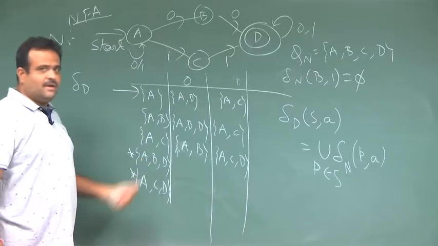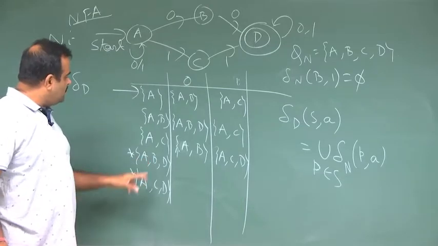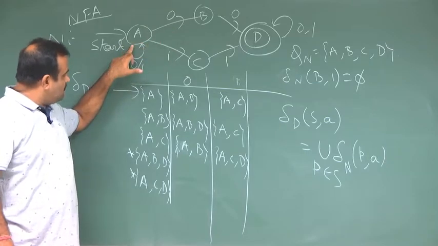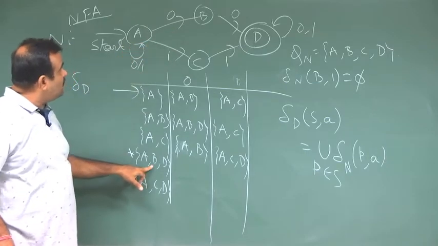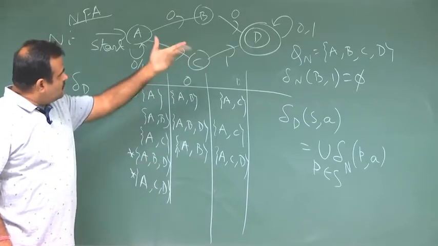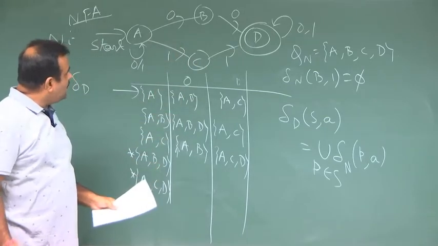Okay. Now, come here to ABC. From ABC with the 0 move, from A we can go to AB, from B with the 0 move we can go to D, and from D we can go to D. So, this is basically ABD.